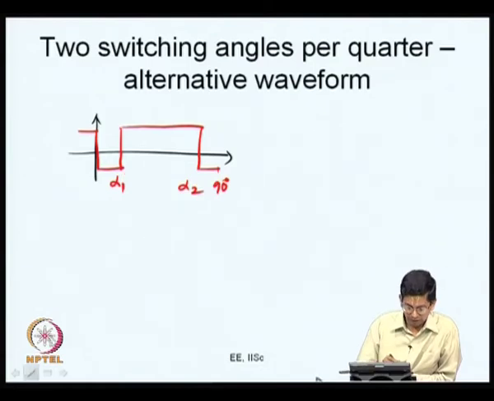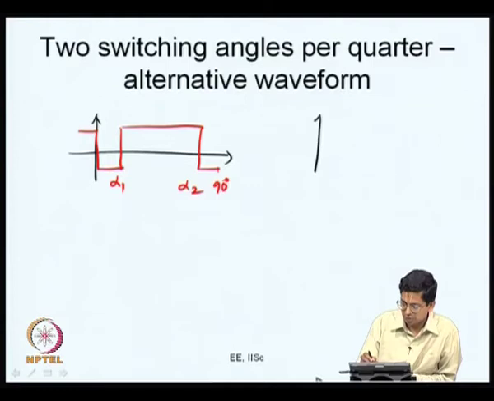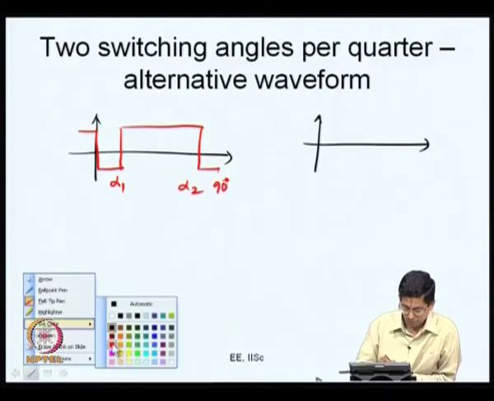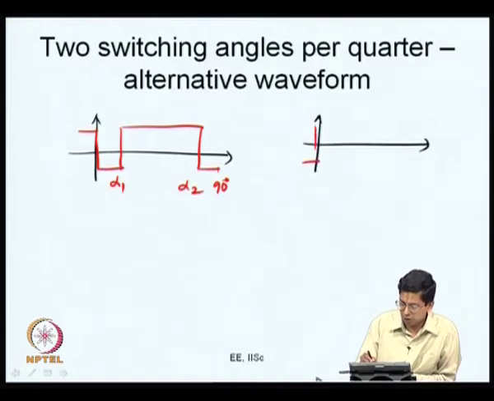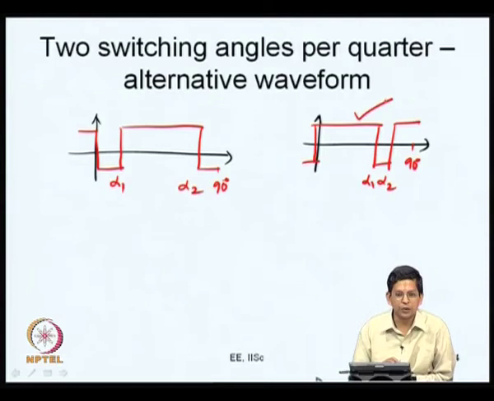What we earlier considered was like this, where the switching was from high to low and you have a notch here, alpha 1, and alpha 2 is up to 90 degrees now. So, for the time being we will consider just this waveform.